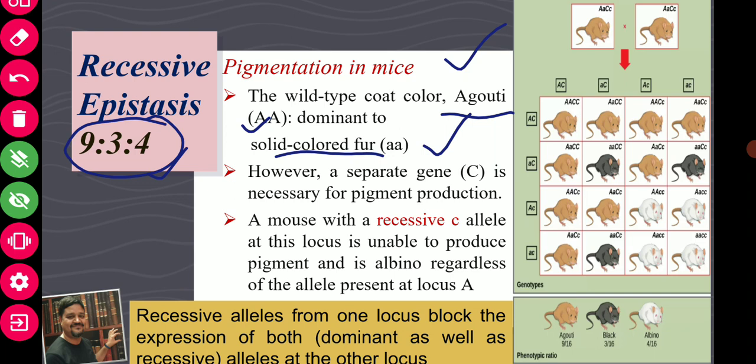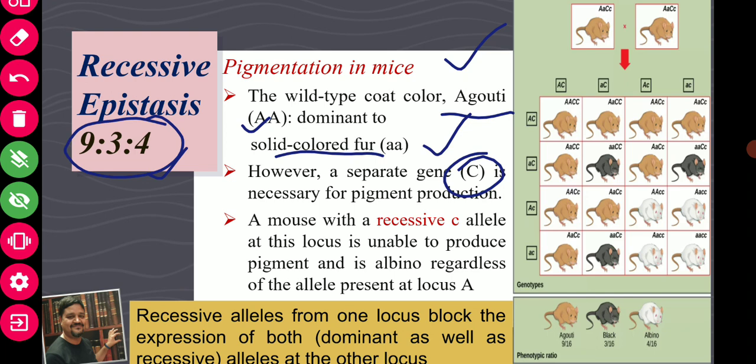However, this coat color is being controlled by a separate gene, that is the C gene, which is necessary for pigment production. A mouse with a recessive c allele at this locus is unable to produce pigment and is albino, regardless of whatever allele is present at the other locus. That means the dominant C is necessary for production of color.